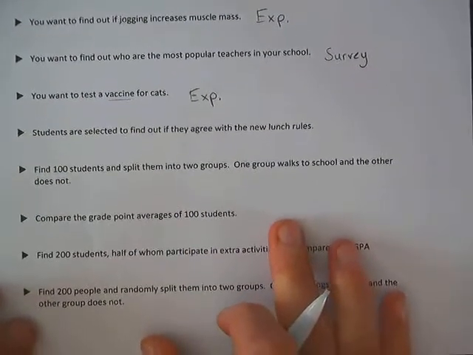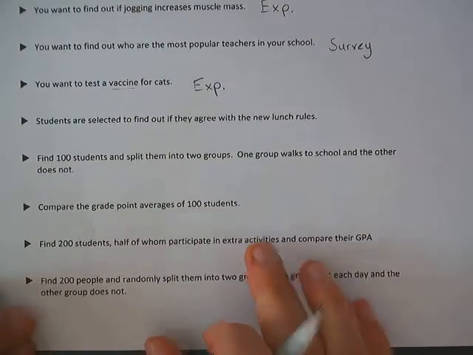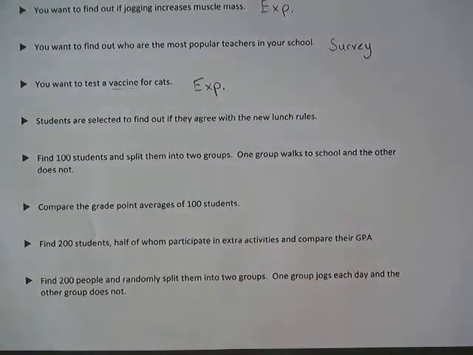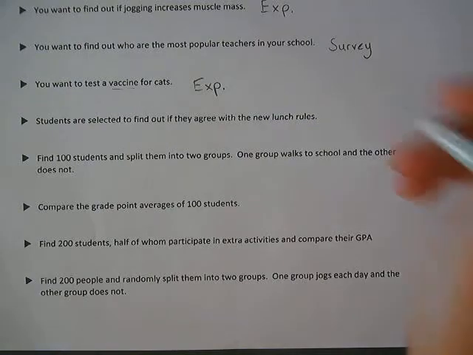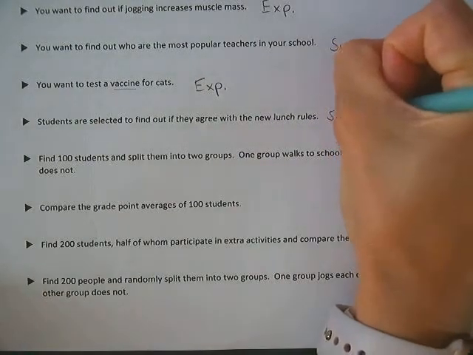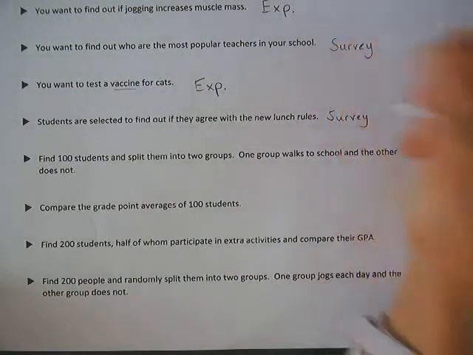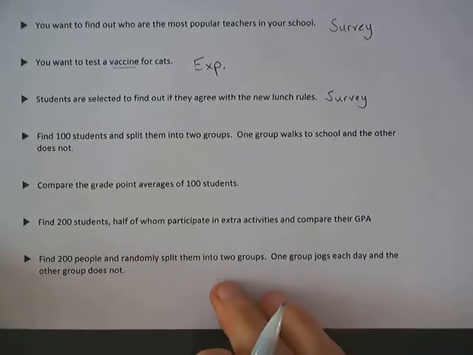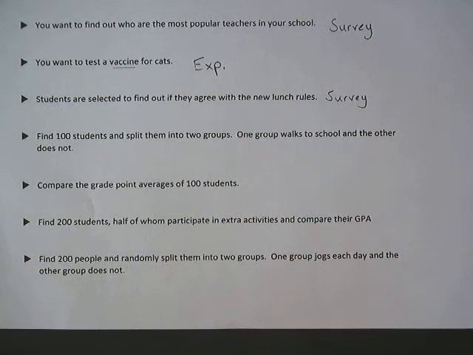Students are selected to find out if they agree with the new lunch rules. That's another one where you could just ask, so that would be more of a survey. You just ask them, do you agree or not? Find 100 students, split them into 2 groups. One group walks to school and the other does not.